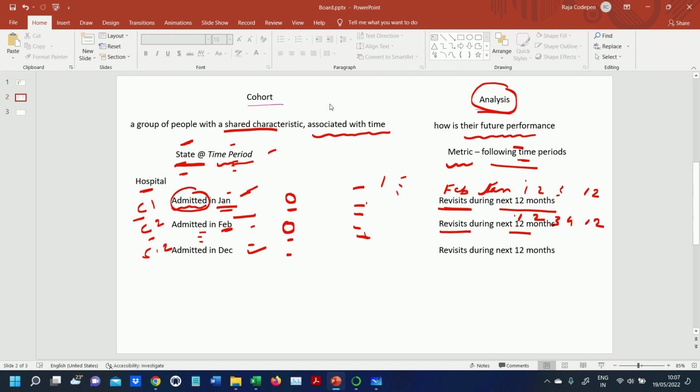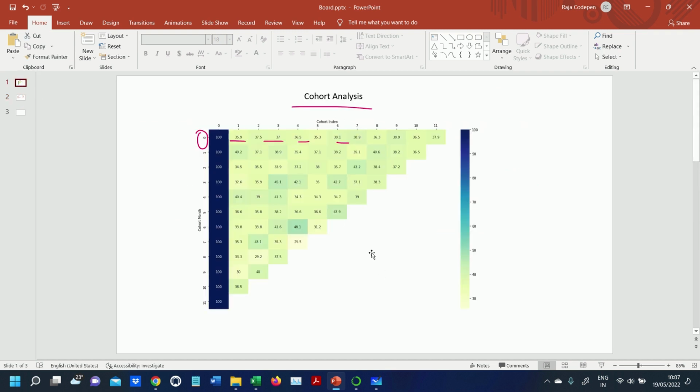Let's use a public dataset, shared on Kaggle, and go through some code to understand how to do this cohort analysis in Python and get first-hand experience. Okay, all set. Let's start.